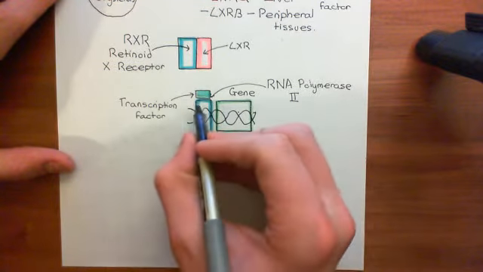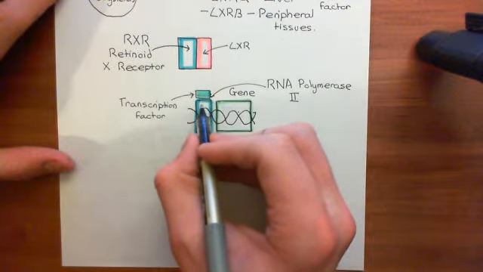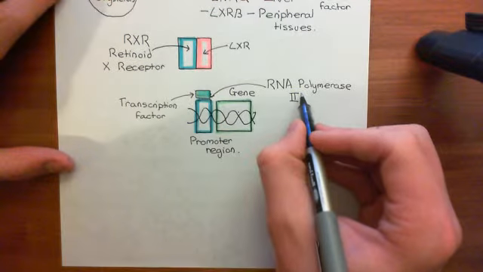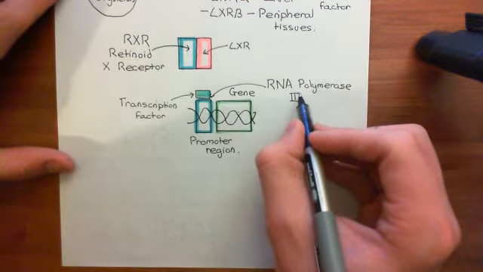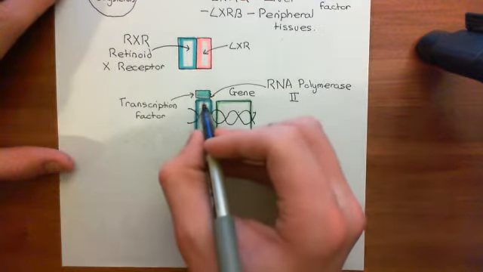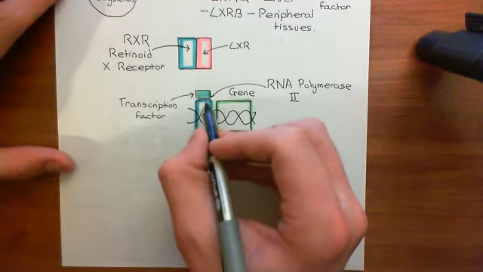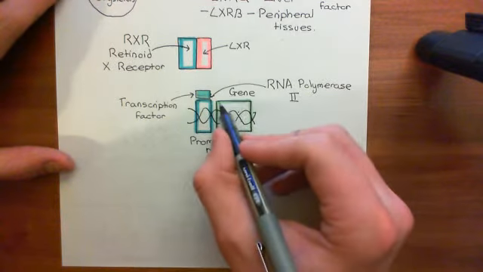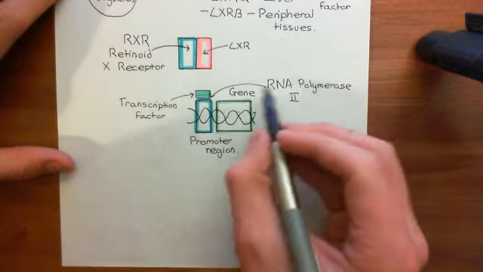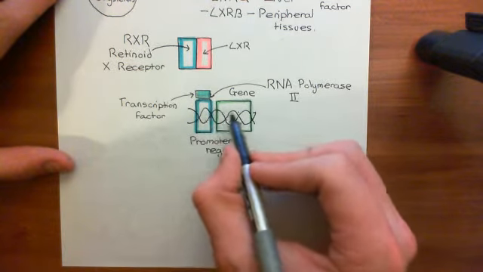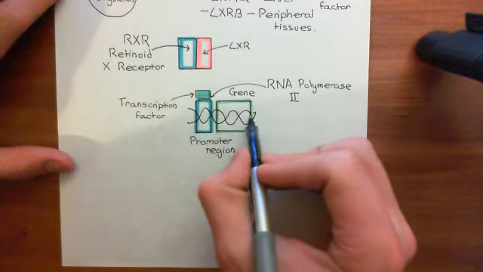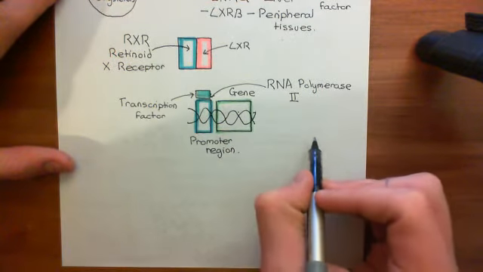And at others, it will decrease the affinity of that promoter region for binding to RNA polymerase II. If it increases the affinity, then RNA polymerase II will bind more often, you'll get more mRNA being produced and therefore more protein being produced.